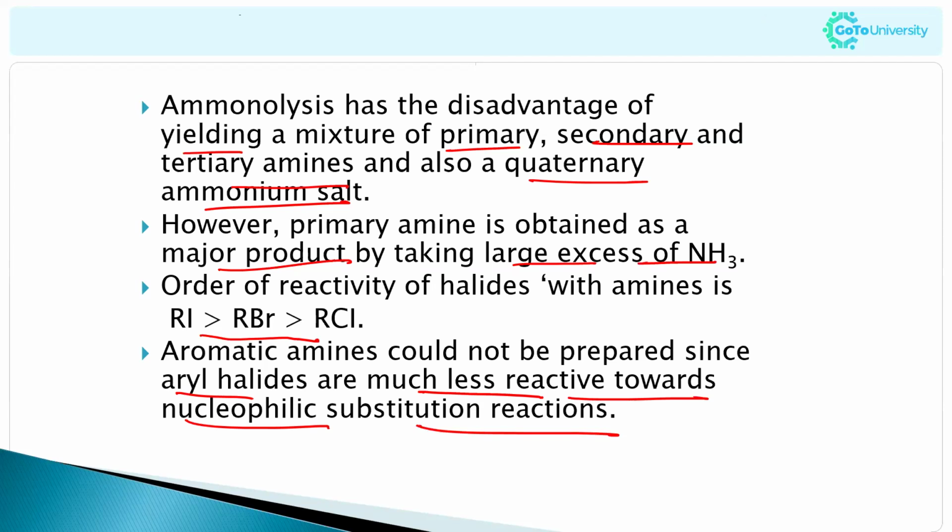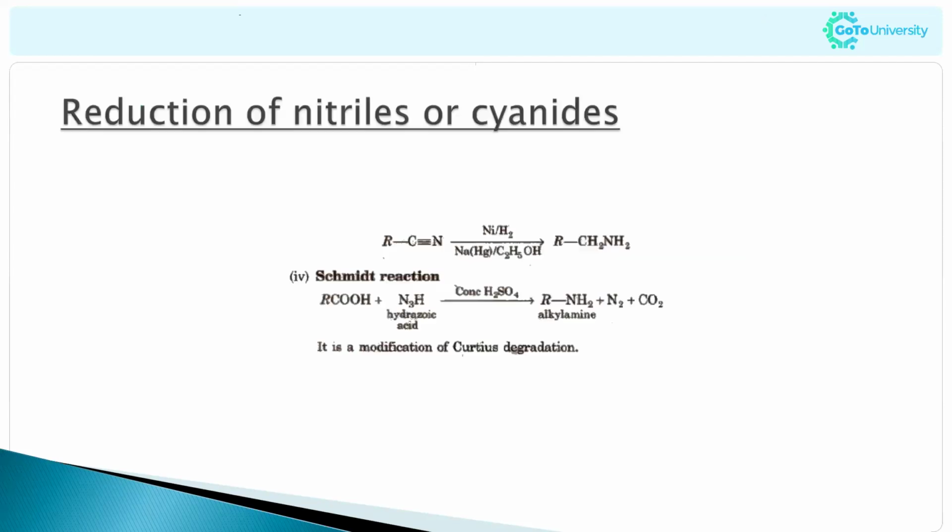Now we can see reduction of nitriles or cyanides. If you have nitriles or cyanides, on reduction these nitriles can be converted into corresponding amines. Okay, so here this alkyl group has suppose three carbon atoms, but in the product you can see four, because this R group plus one more CH2 carbon is there, right?